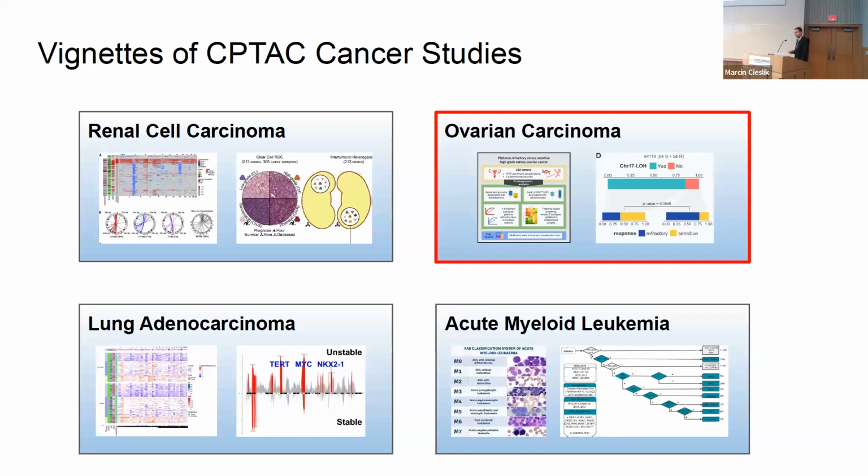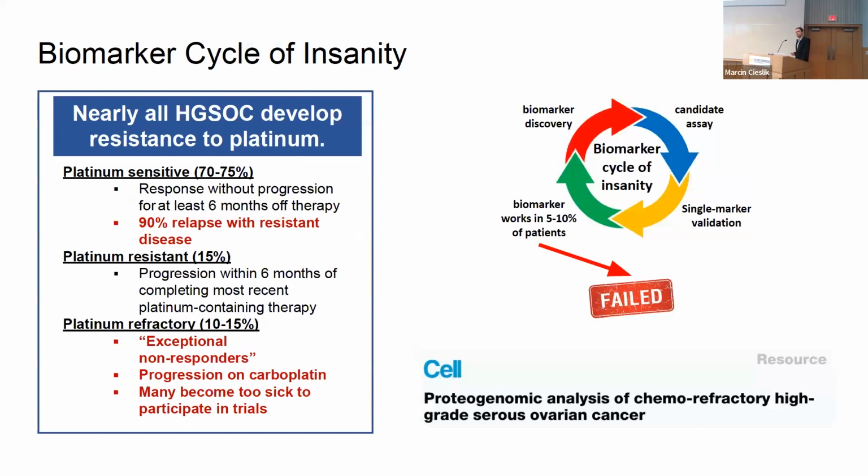The second problem in ovarian cancer is that although most patients respond to platinum-based therapy, the response rate is about 90%, approximately 10% do not respond at all to platinum-based therapy. This is a problem because of how late those patients are diagnosed, there typically is no second option.